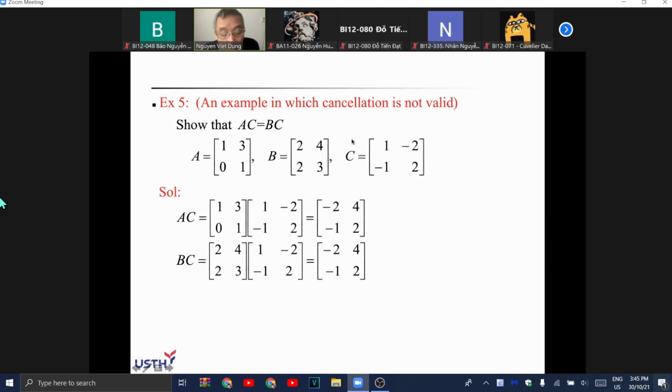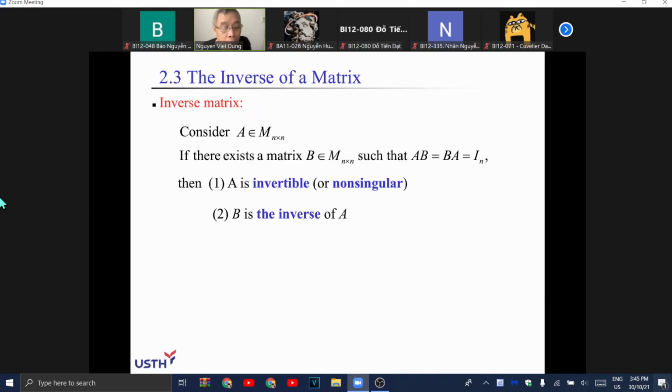And obviously, C is not a zero matrix, but even though AC equals BC, we cannot imply that A equals B, because in that case, A and B are different from each other. Here, the cancellation law is impossible. So now we take a short break, and then coming back, we study what is the inverse of a matrix. So we stop and take a short break of 5 minutes, please.